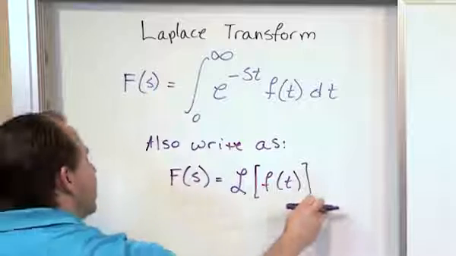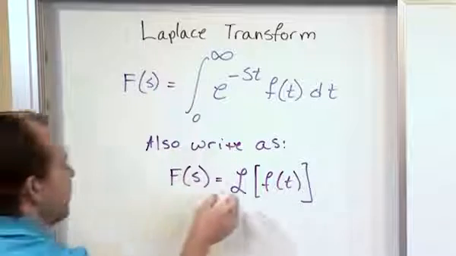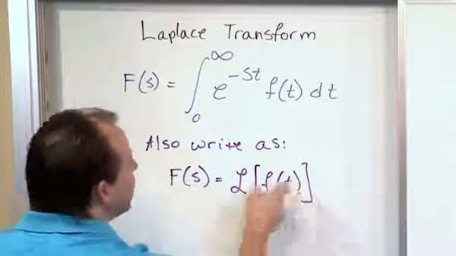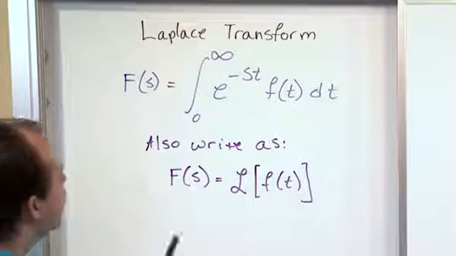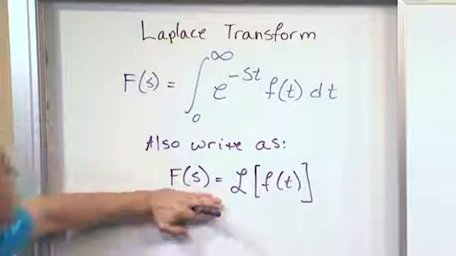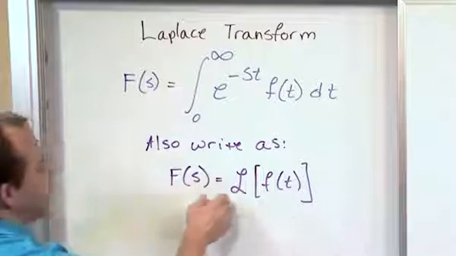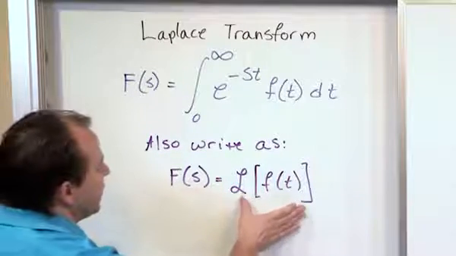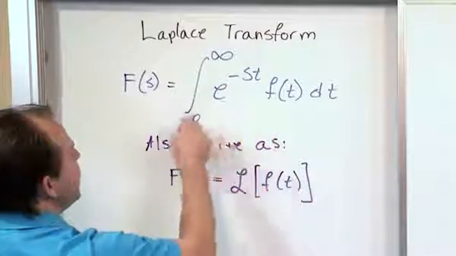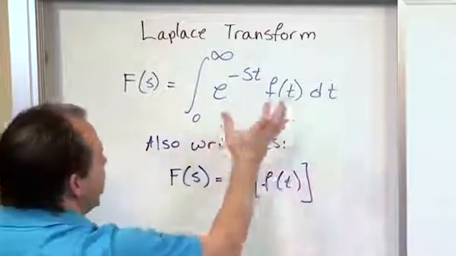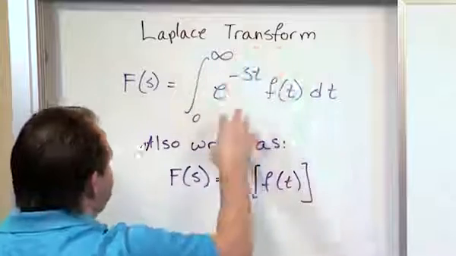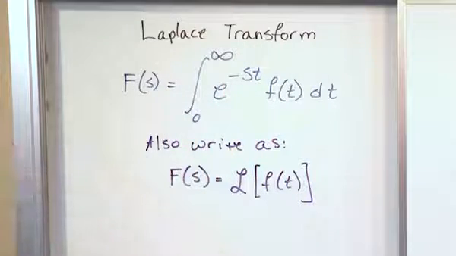This is the shorthand way of saying, hey, I'm going to take the Laplace transform of some function of time, and when I do that, I'm just going to get a pure function of s. So these two things are exactly the same thing. This is the shorthand way of writing what you're doing: you're taking the Laplace transform of a function of time. This is the details, this is what you actually do. You have to multiply this, you have to integrate it, you have to plug in the limits of integration.